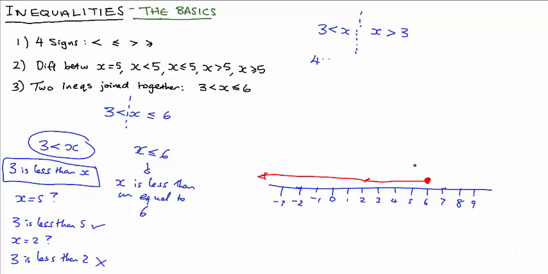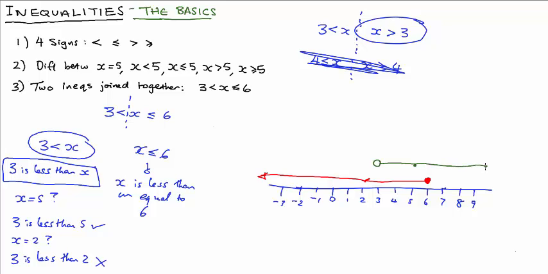So if you had 4 less than or equal to x, that means exactly the same as x is greater than or equal to 4. Just remember that. But we're not dealing with that one. So this one is just x greater than 3. So 3 isn't going to be included, but everything above it is.